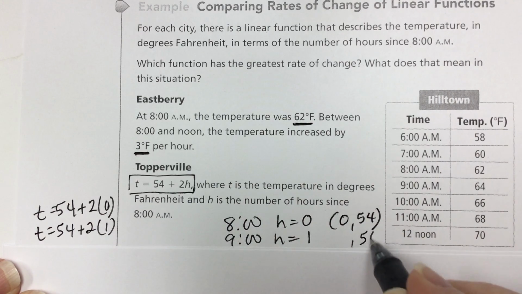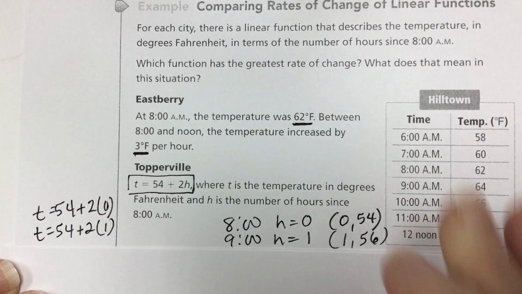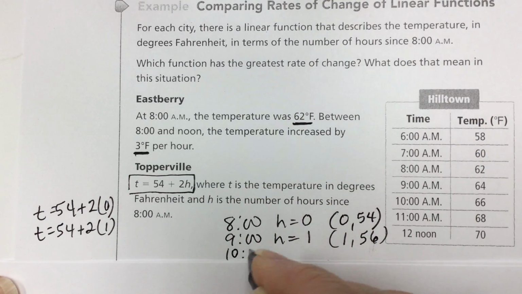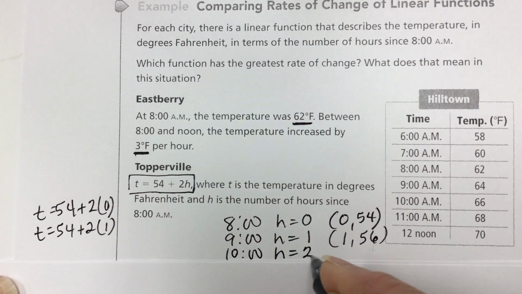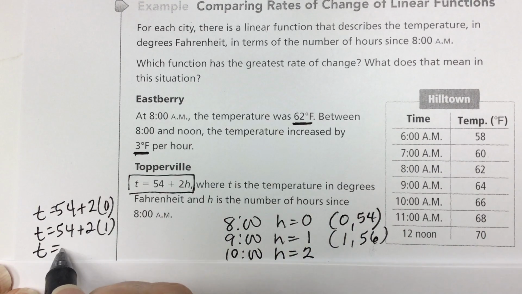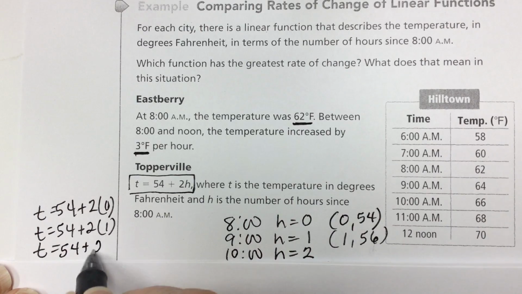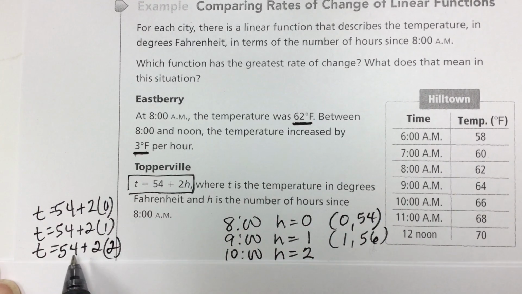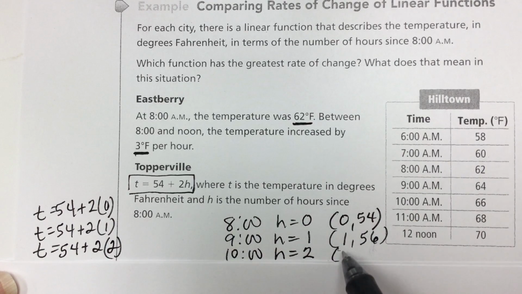That would be 56. So you see, if I went on to the 10 o'clock hour, at 10 o'clock, that would be 2 hours since 8 o'clock. So if I plugged in 2 for H, that's 2 times 2 is 4, and 4 plus 54 would be 58.